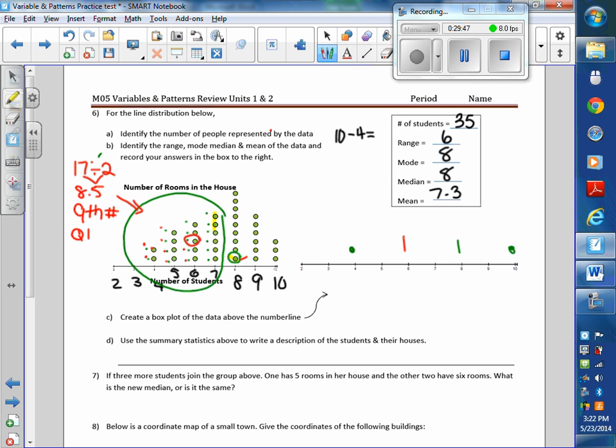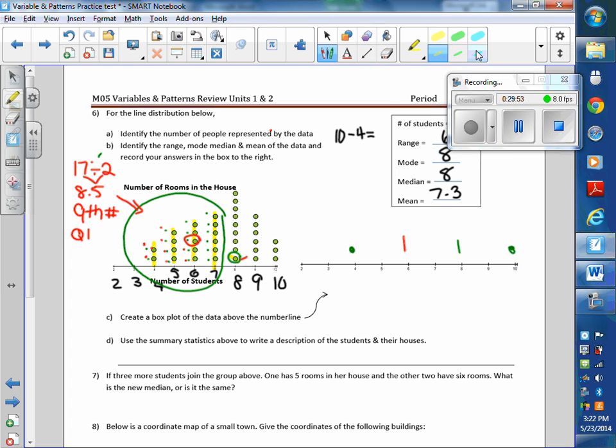So all of these numbers are part of the lower half. Okay? All of these numbers are part of the upper half of the data, because the 8 is the median. It splits the data into 2 groups. Oh, so if you find the median, then you can split it, right?